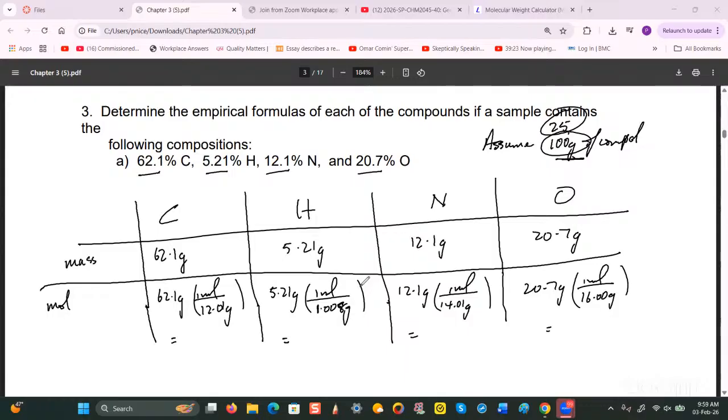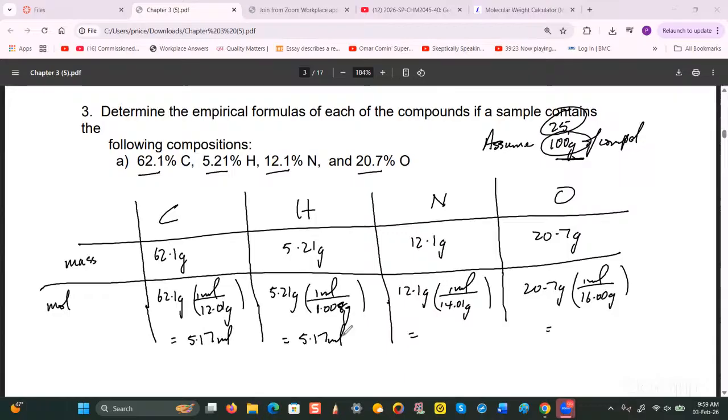So I was doing the carbon, right? 62.1 divided by 12.01. So I got 5.17 moles when rounded off to 3 sig figs. And then in the case of hydrogen, I divide 5.21 by 1.008, and I got 5.17 again.